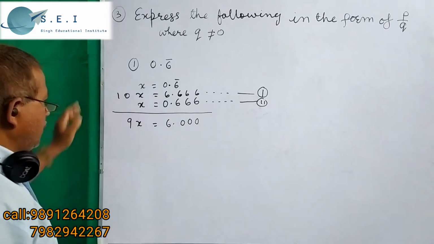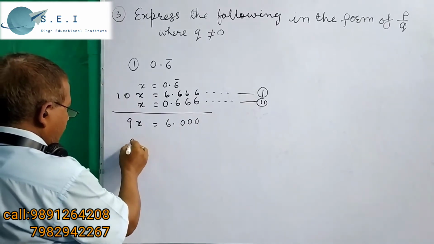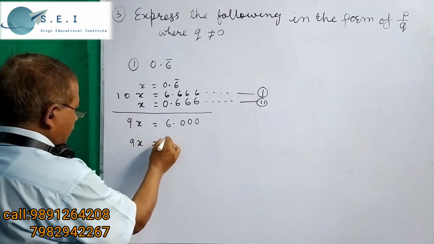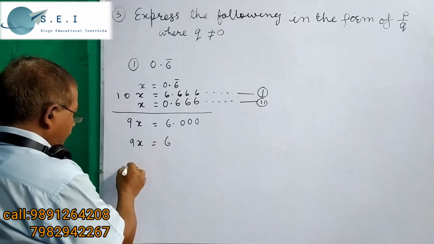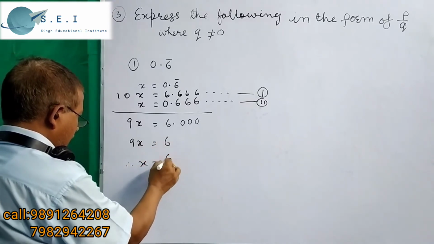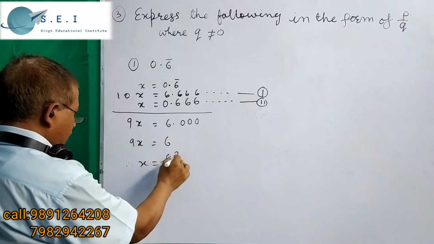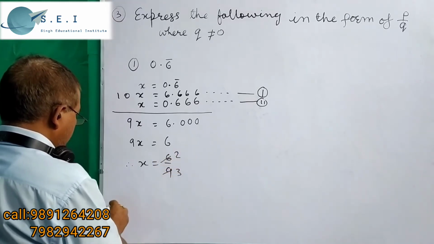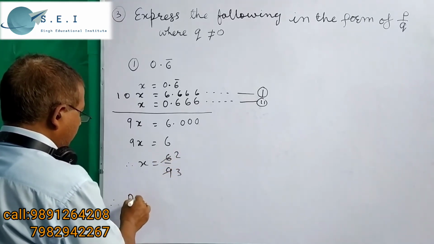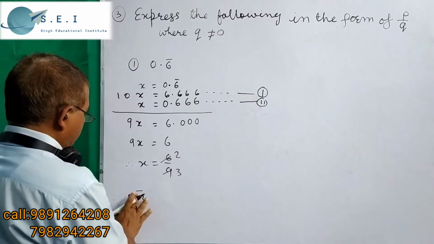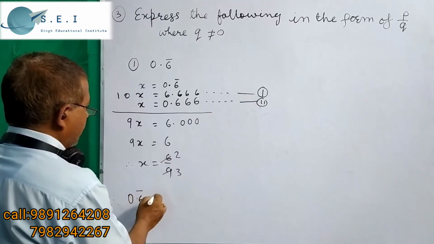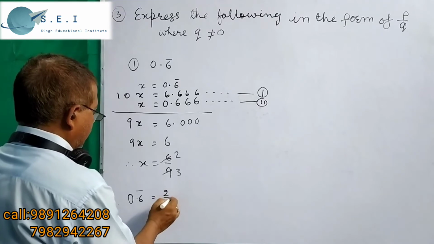Thus 9x is equal to 6. 6.0 means 6 only. Therefore x is equal to 6 upon 9. 3 twos are 6, 3 threes are 9. So 0.6 bar is equal to 2 upon 3.